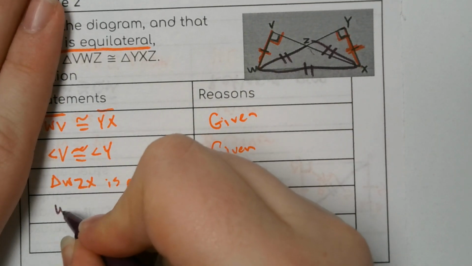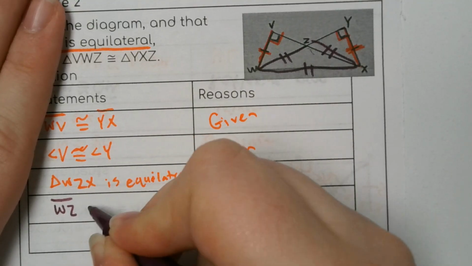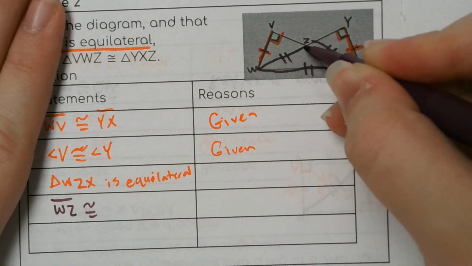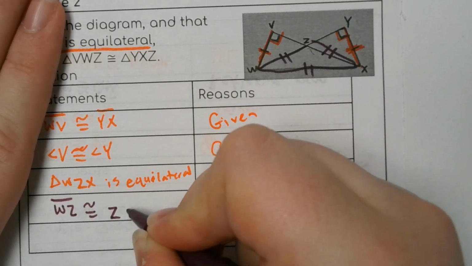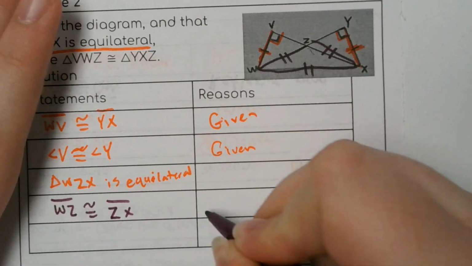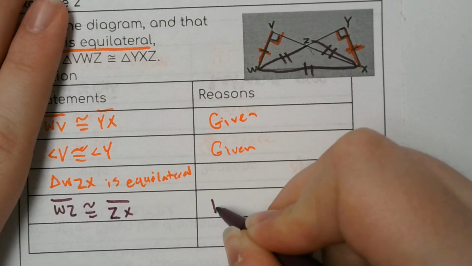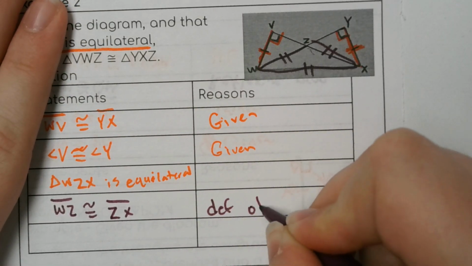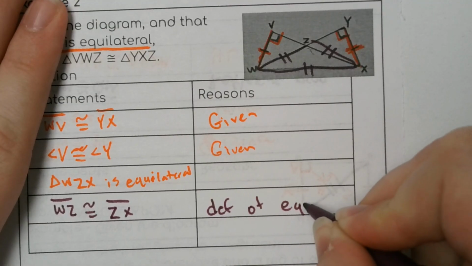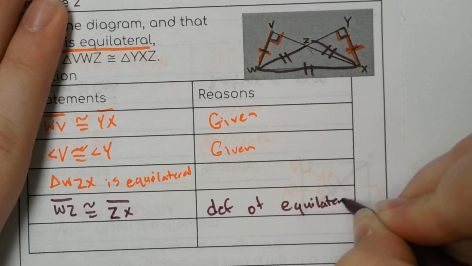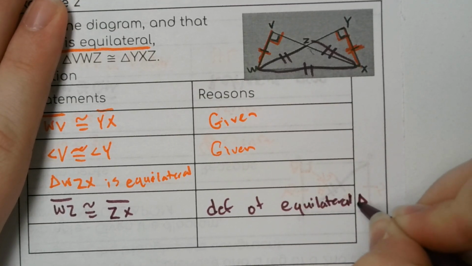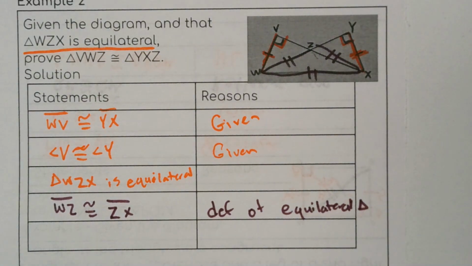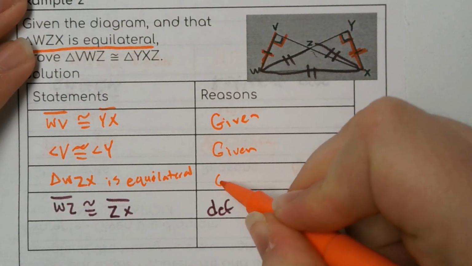Perfect. So WZ is congruent to ZX because of the definition of an equilateral triangle. Okay, oops, I forgot to write given on this one.